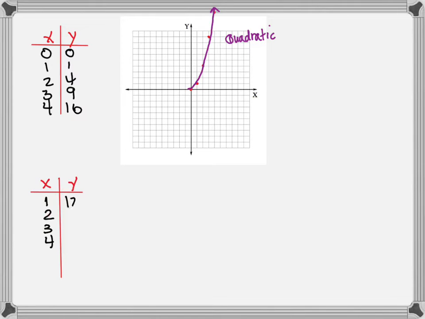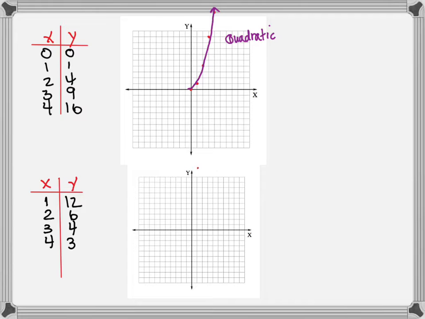Let's look at our third table of data. We had 1, 12, 2, 6, 3, 4, 4, 3. And if we plot these points, I've got 1, 12, 2, 6, 3, 4, 4, 3. And if I connect these, we can't be sure because this doesn't look much different from the graph above, which was quadratic.